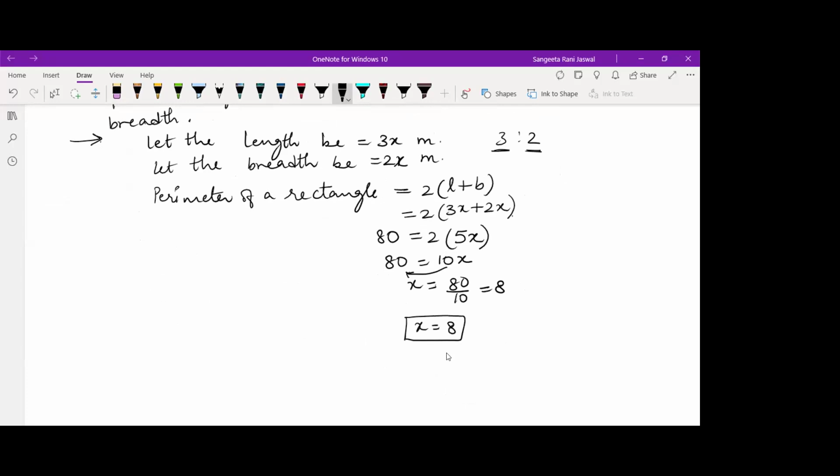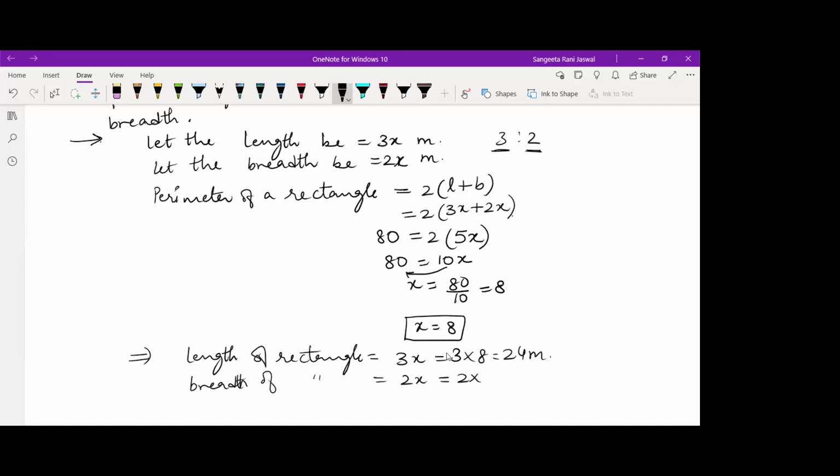This implies that the length of a rectangular part is 3x, which is equal to 3 into 8, which is equal to 24 meters. And the breadth of the rectangle is equal to 2x, which is equal to 2 into 8, which is equal to 16 meters.